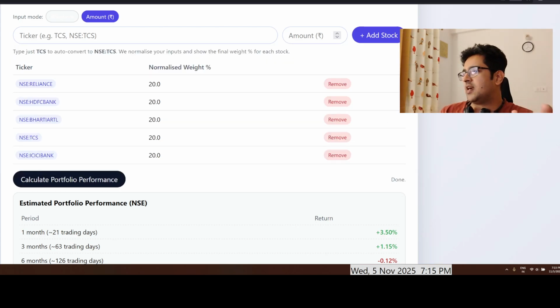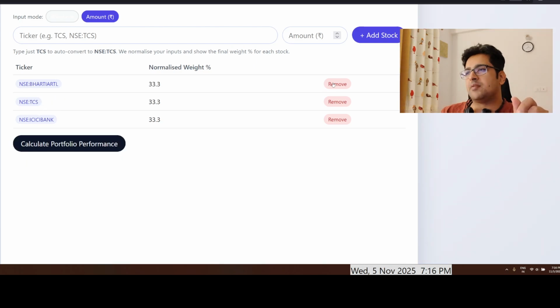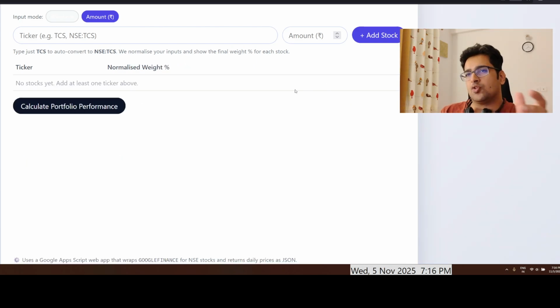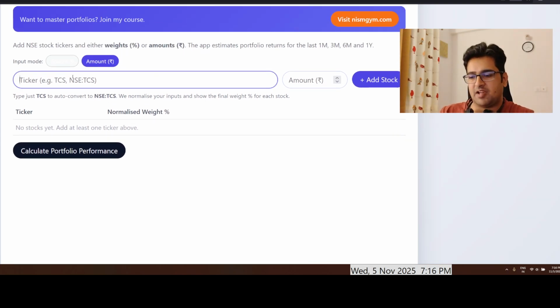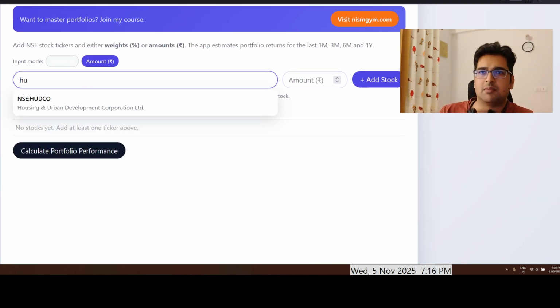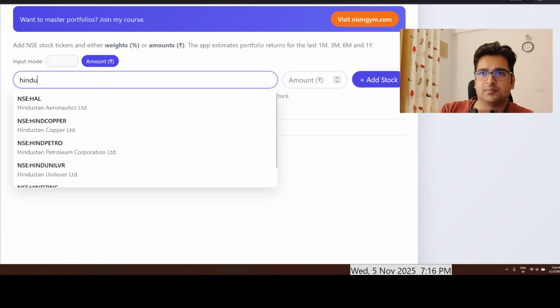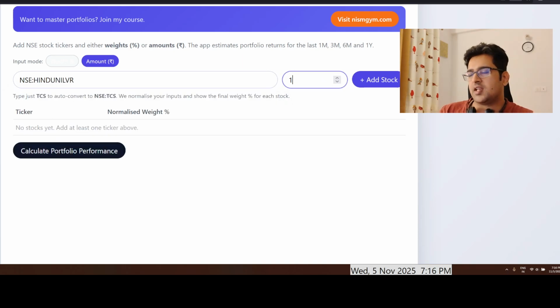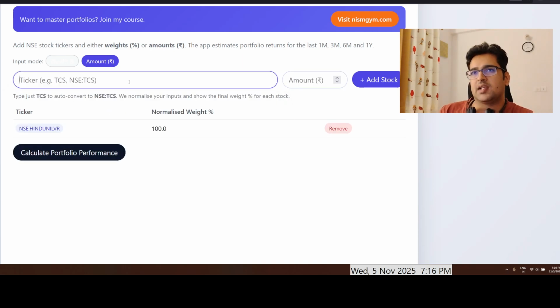Now let's do another one. Let's do a different industry altogether. Let's do some FMCG and defensive stocks, right? So let me do some FMCG stocks here. Let's do some Hindustan Unilever. You can see Hindustan Unilever is here. Let me do that. Let's do some ITC.